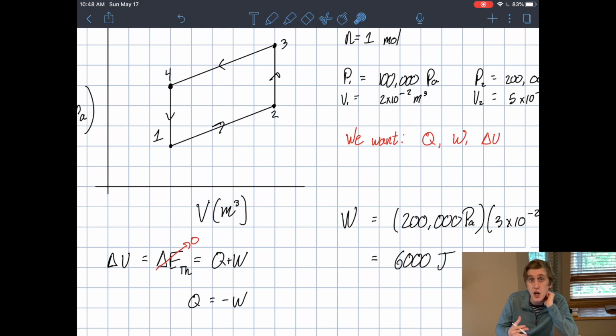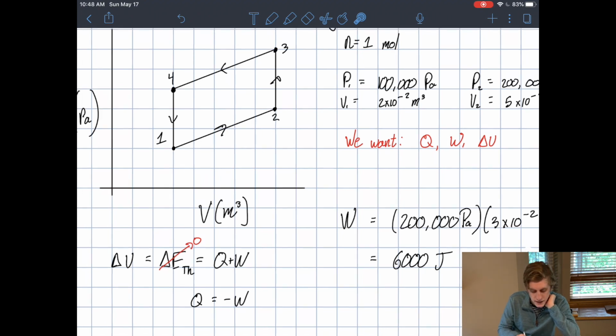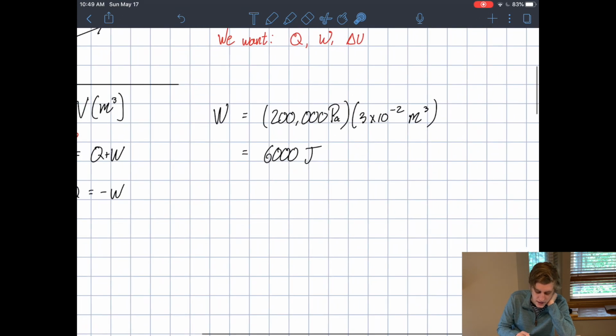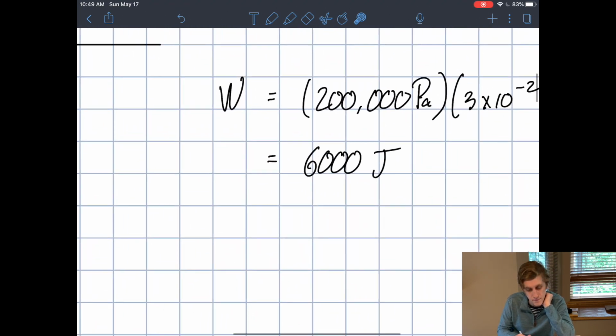But which one does more overall work? The answer is this upper process, because there's much more area under this process than there is under the lower process. So we expect that the positive work done by this upper process will be greater than the negative work done by this lower process. And so this number should be positive.